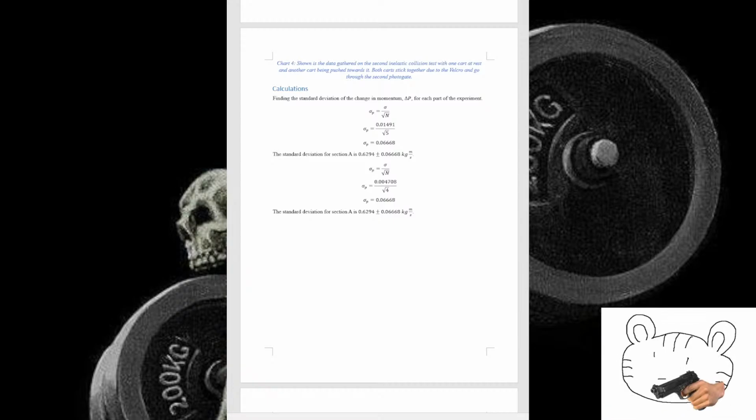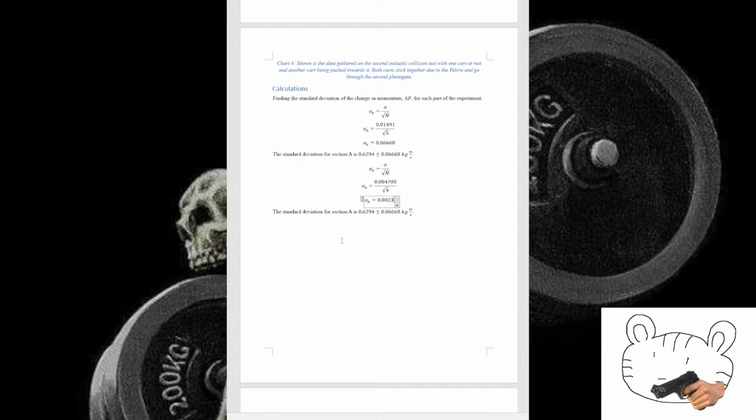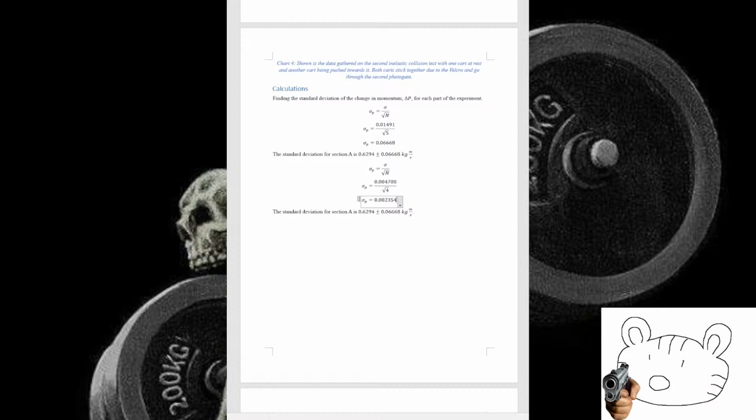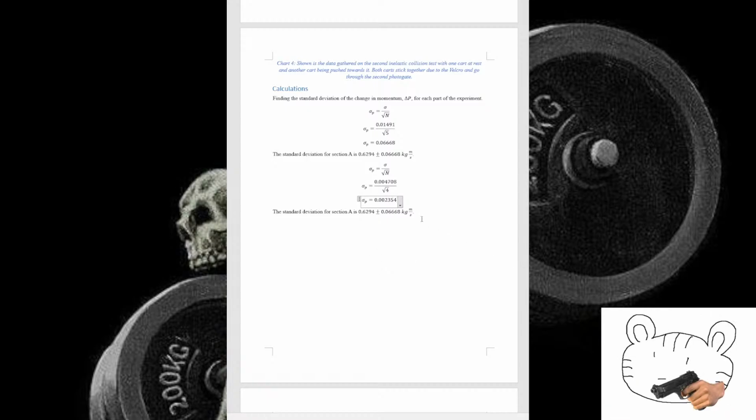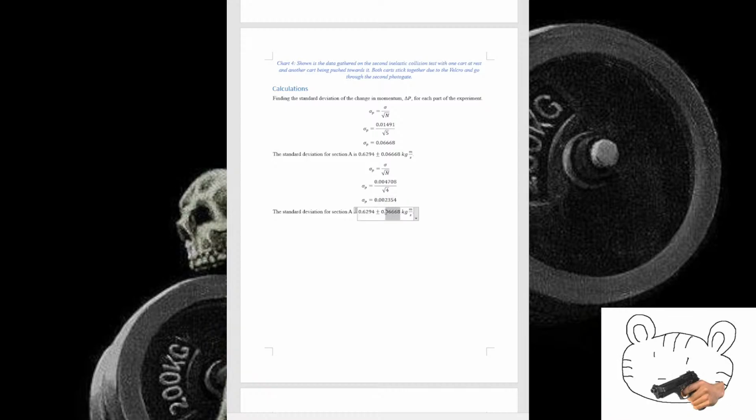0.04708. Okay, and 0.0023554. So then we just take this value, plug it into this.